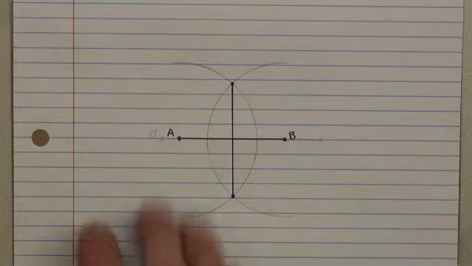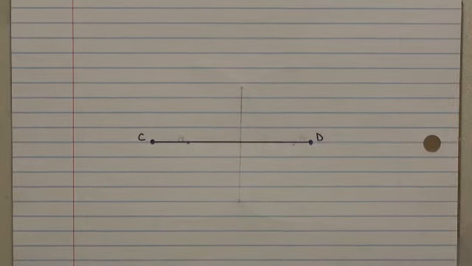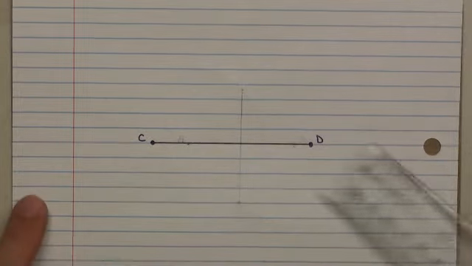Alright? So turn the page over and let's do checkpoint problem 1, which is to bisect line segment CD. Now move the page down and we have to draw line segment CD. So again, line it up with the circle.